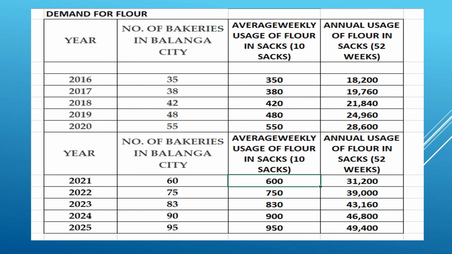So, sa loob daw ng isang taon, by year 2016, the annual usage of flour in sacks is 18,200. Okay, then, for 2025, kung 95 ang bakeries, 950 sacks per week. So, total sacks is 52 weeks times that. So, that is how you make your projection.